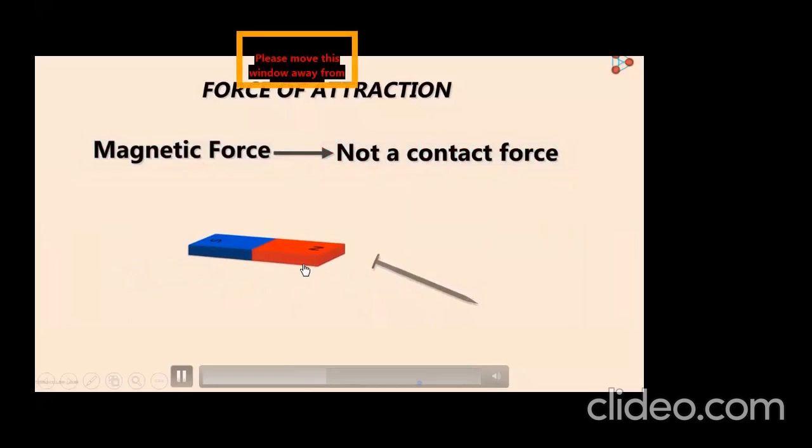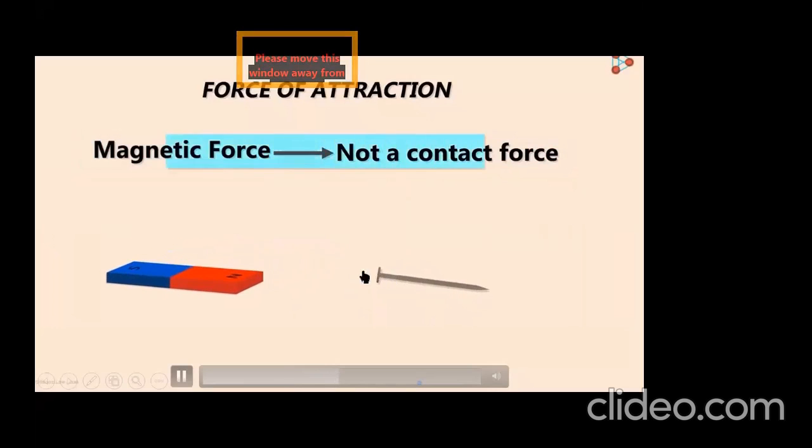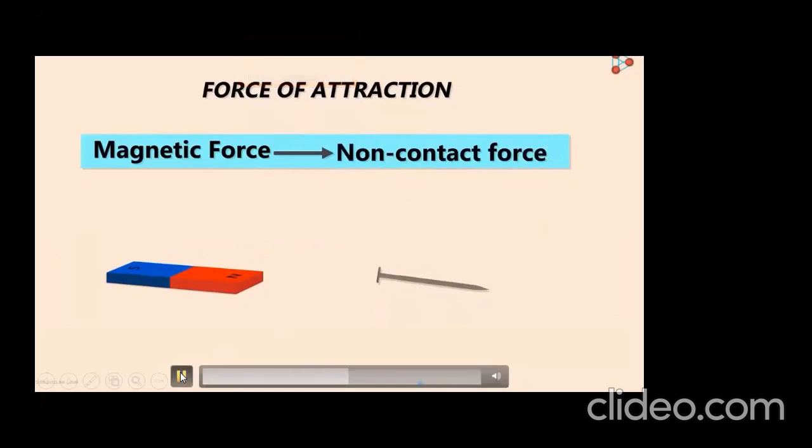See, when we are changing the direction of the bar magnet, the nail is also changing its direction according to the magnetic field or the magnetic force. Look, these are not attached to each other. They are just attracted to each other due to the magnetic force and magnetic field.